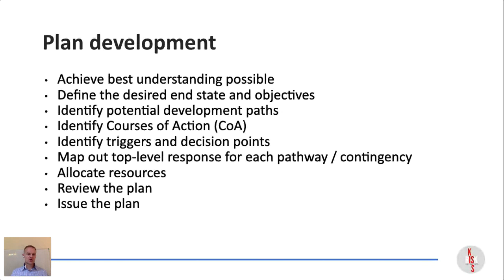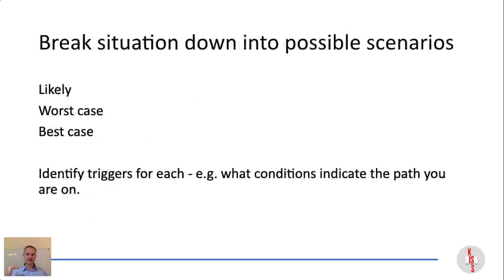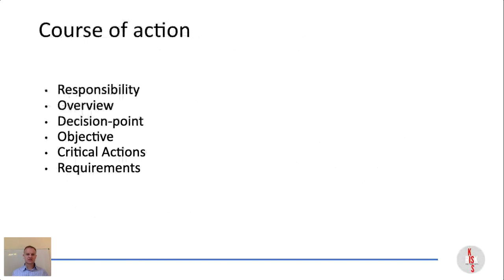So we're going to map out the scenarios and have the courses of action. Those are essentially the core of the plans that we're going to have, outlining the responsibilities and the decision points. The objective and critical actions are really, really important, because without those, the person planning won't really be able to make sure that they've achieved the objective with their plan, and then the requirements that are needed, and also limitations, because you may want to put limitations in there.